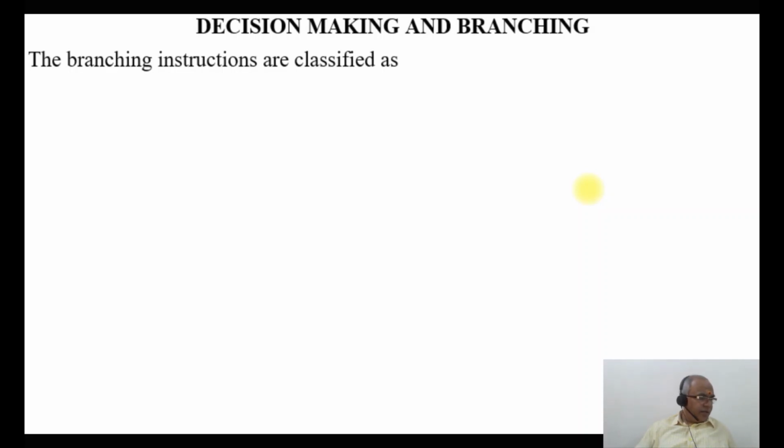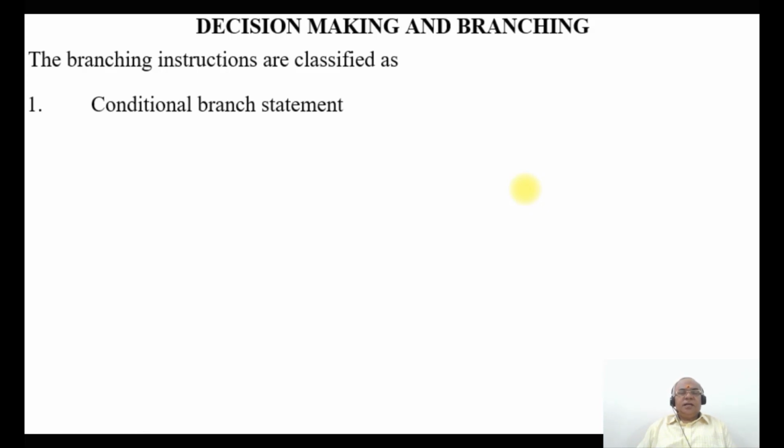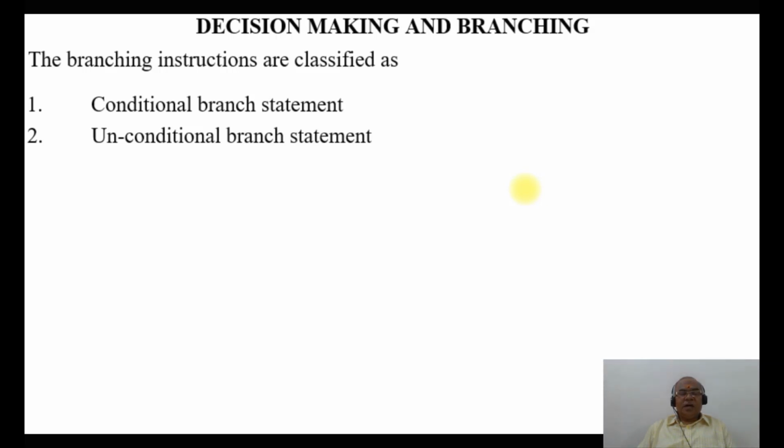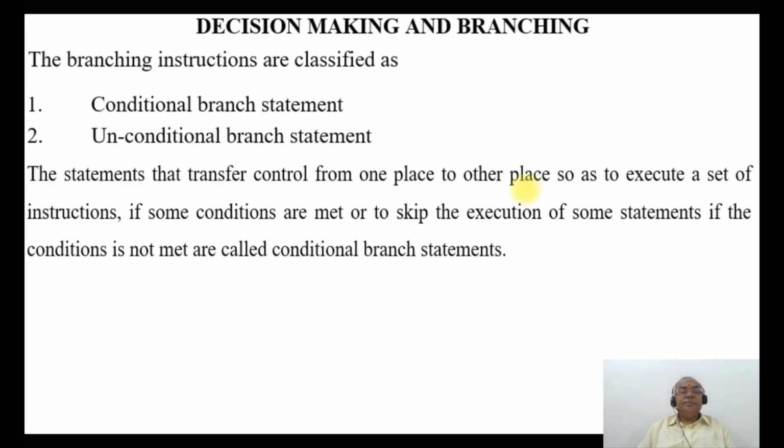So in this video, we are going to discuss decision making and branching. The branching instructions are classified into two types: the conditional branch statement and the unconditional branch statement.